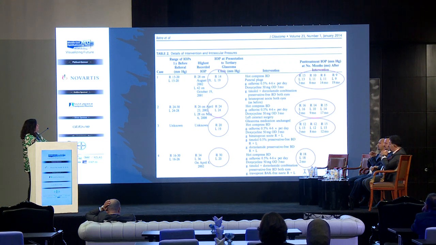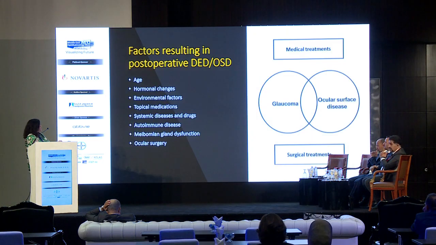So in this study, what they did was that they just had a look of the pressures when the patient was on the anti-glaucoma drugs with preservatives. They just gave steroids, addressed the ocular surface inflammation, and as you can see, the pressures came to normal range in all the patients. So just addressing the surface inflammation brings down the pressure to a normal range in those who are actually having OSD exacerbated glaucoma.